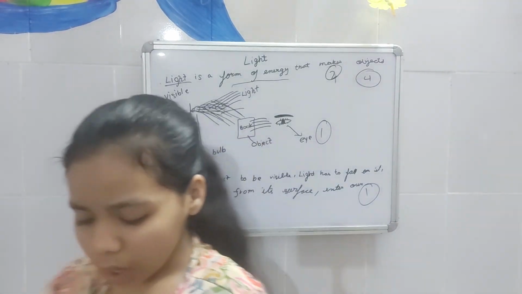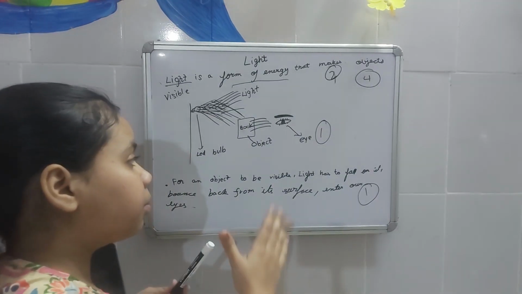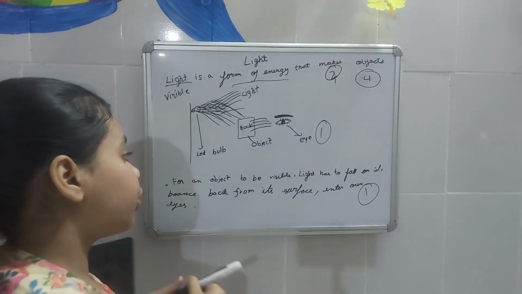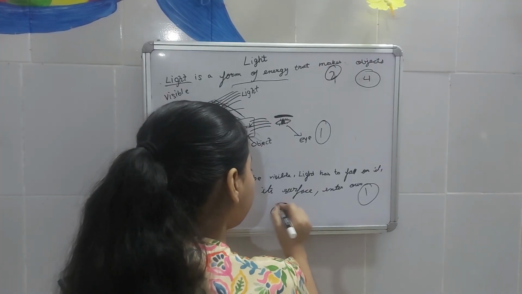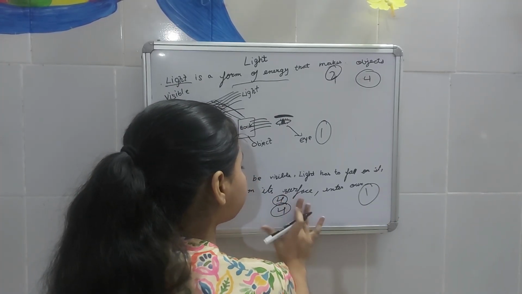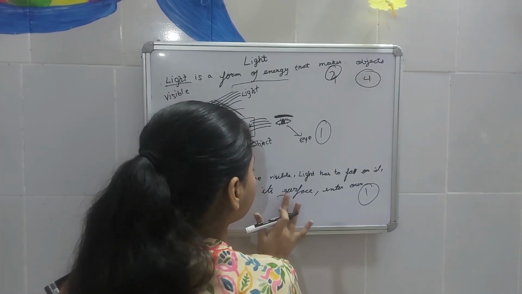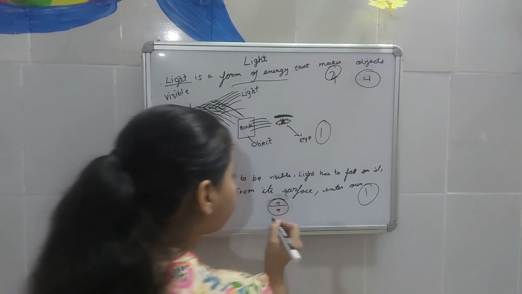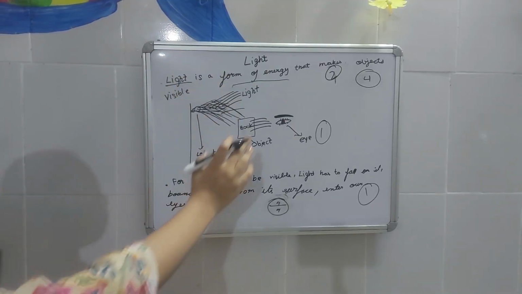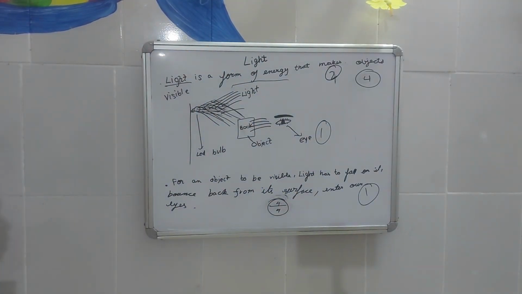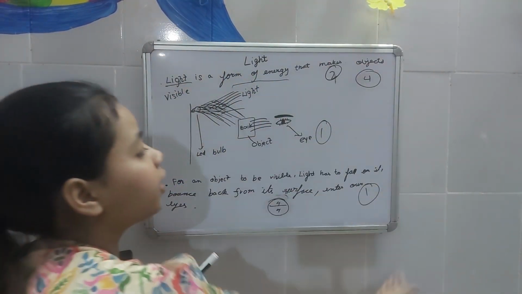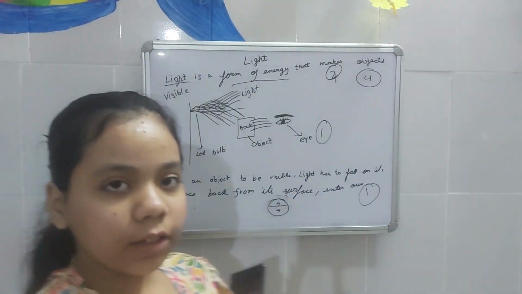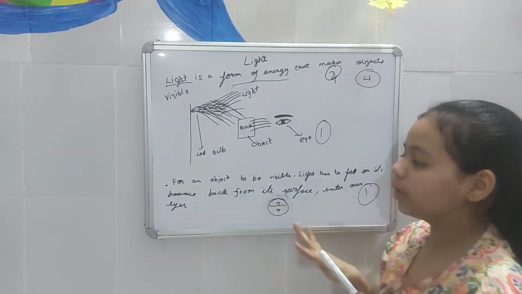So that's why your representation matters a lot. You will get 4 out of 4, and if you draw this much, then you will get 4 marks in that particular question.